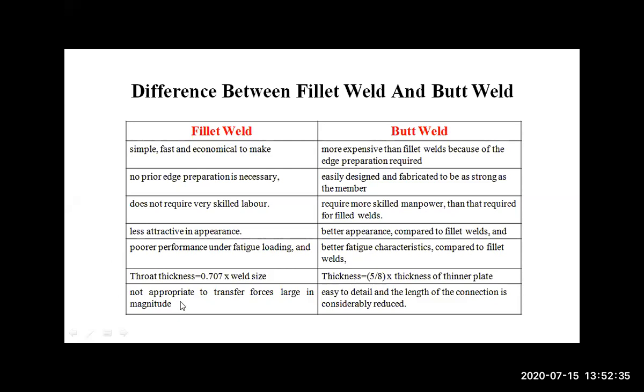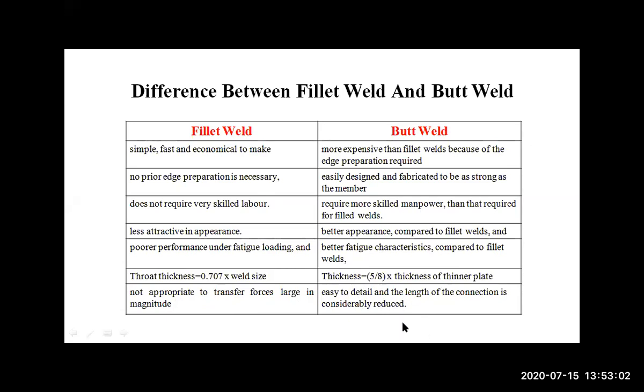And the last point is that the fillet weld is not appropriate to transfer force of large magnitude, means this is not an appropriate type of weld to transfer the force from one member to another member. But in the butt welding, it is easy to detail and the length of the connection is considerably reduced.